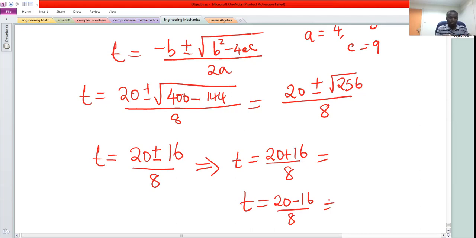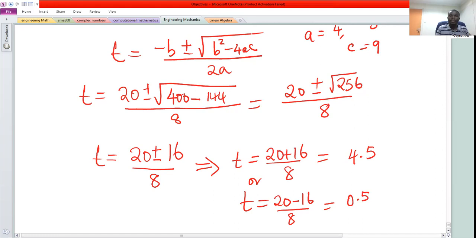So 20 plus 16 divided by 8 is 9/2, which is 4.5. And then this other one would be 20 minus 16 divided by 8 is 0.5.